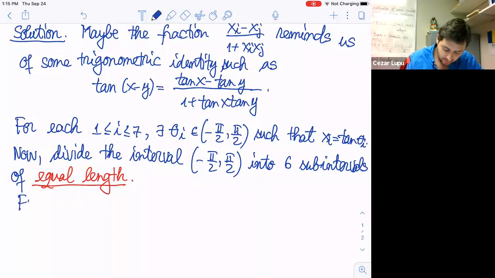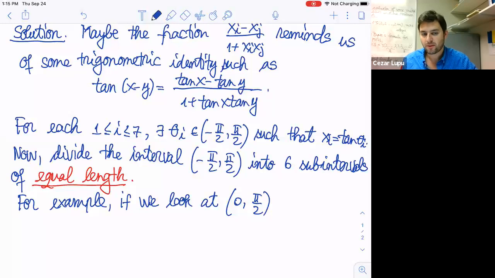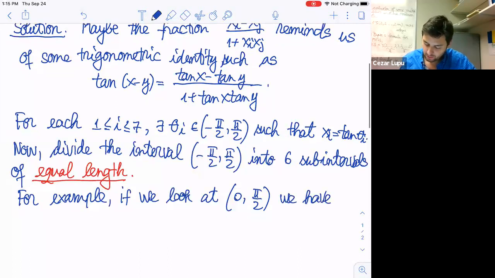If we look at only one part, 0 to pi over 2, and I want to divide this into 3 equal parts, how should I divide this? It will be from 0, we have 3 subintervals.